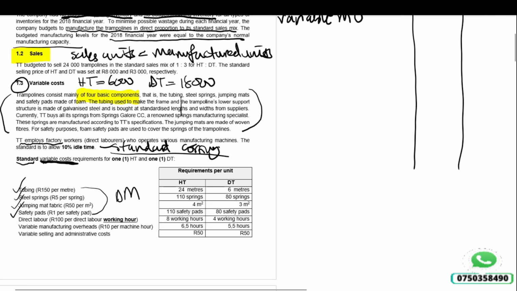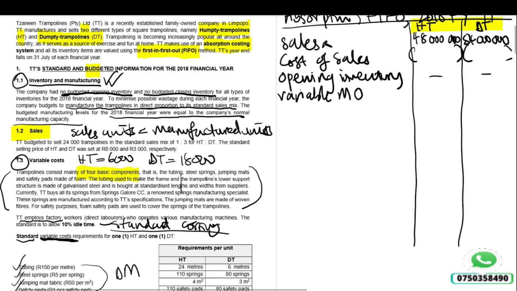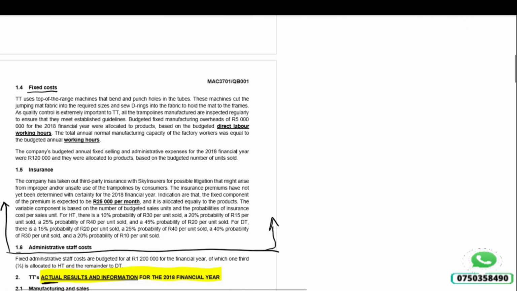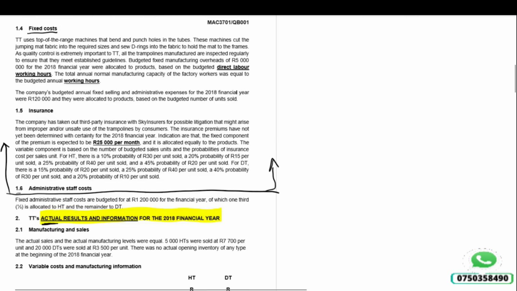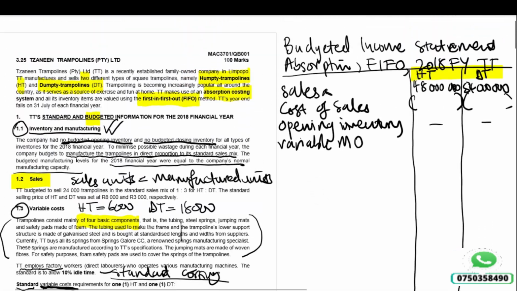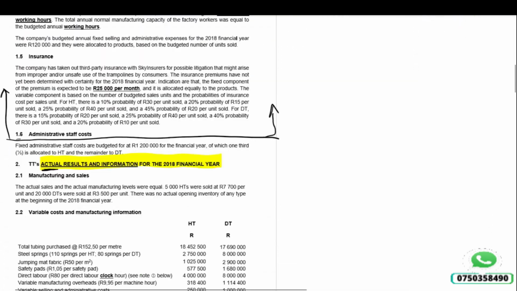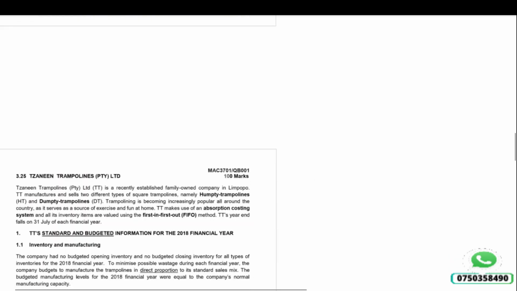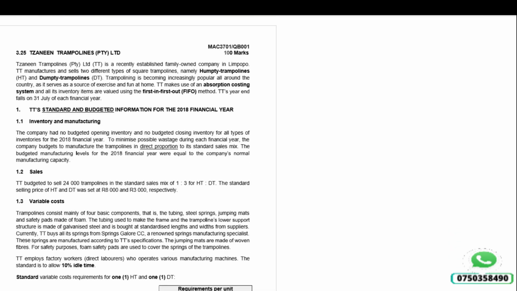Since I can't really do this within the frame here, I need to do it under calculations, and always reference your calculations. Always make sure that you reference your calculations. I forgot to reference the calculation for the sales, but I'll do it just now.